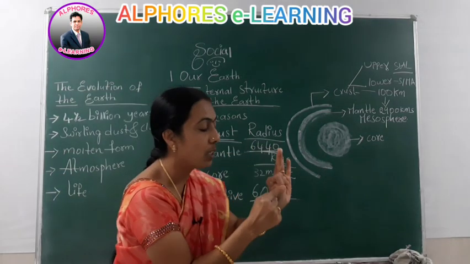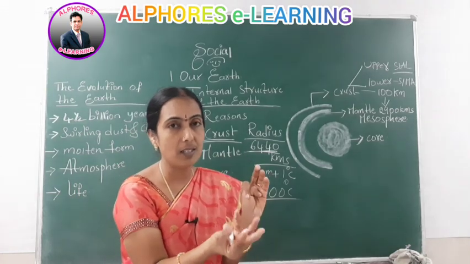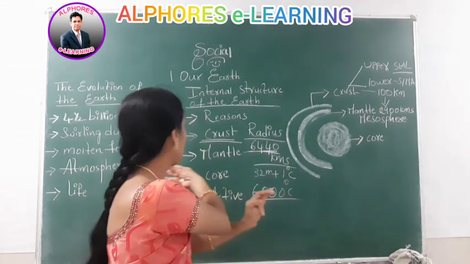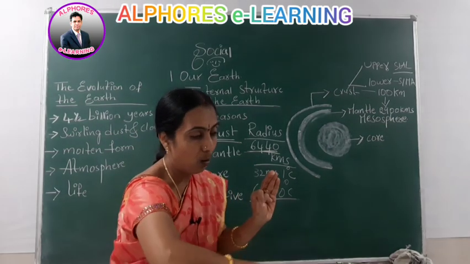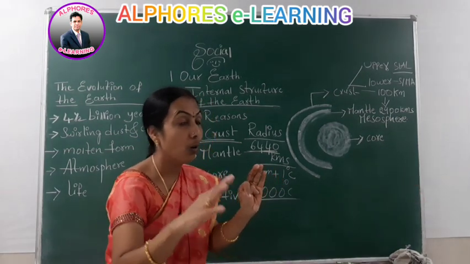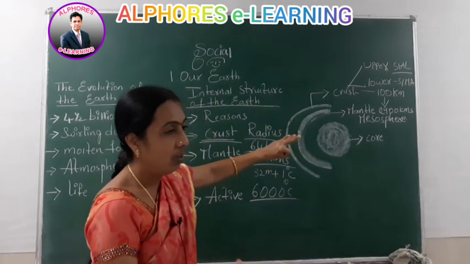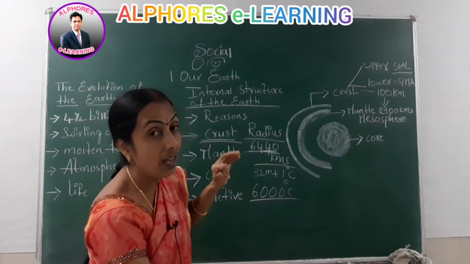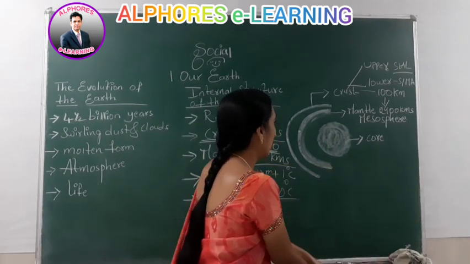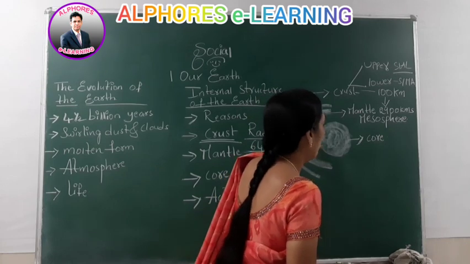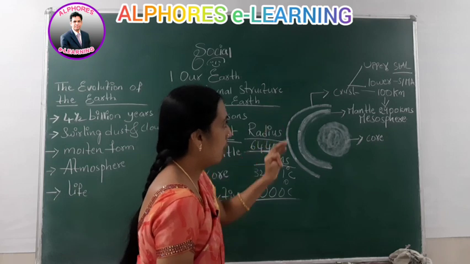When the earth was boiling in the molten form, the heavier substances, I said the example of soup in my previous explanation, the heavier particles of that soup went down and formed a layer, I said, no. So when the earth was in molten form, the heavier substances like iron went down and were located at that depth and formed into core. This is the last and internal layer of the earth.